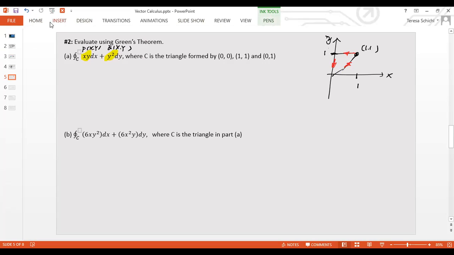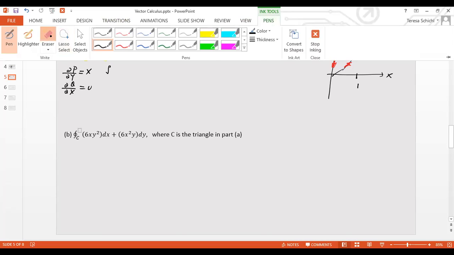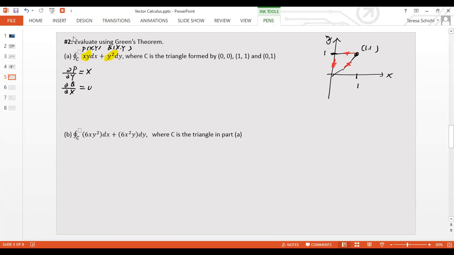Now by Green's theorem, what is ∂P/∂y? ∂P/∂y is x. ∂Q/∂x is 0. By Green's theorem, you will see how easy it is to simplify.